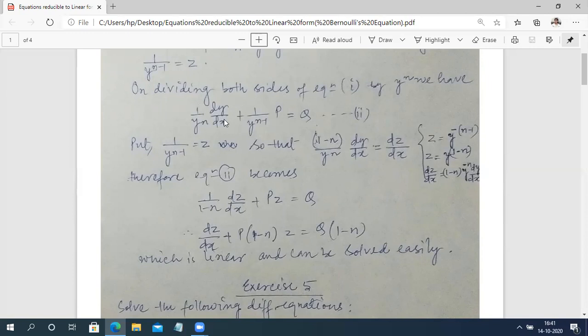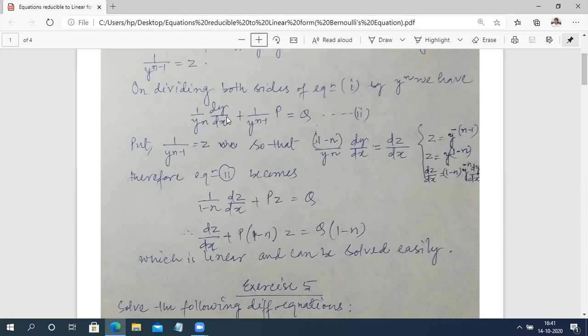Okay, this whole term is this one. Is it clear? If you write y to the power minus n in the form of denominator, it will be (1/y^n) dy/dx. So its value is this, 1-n will come here in the denominator. So 1/(1-n) dz/dx.